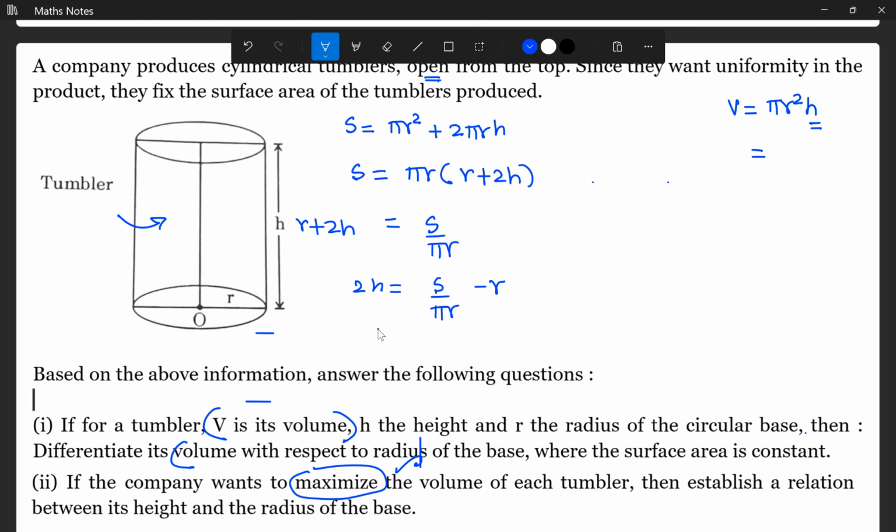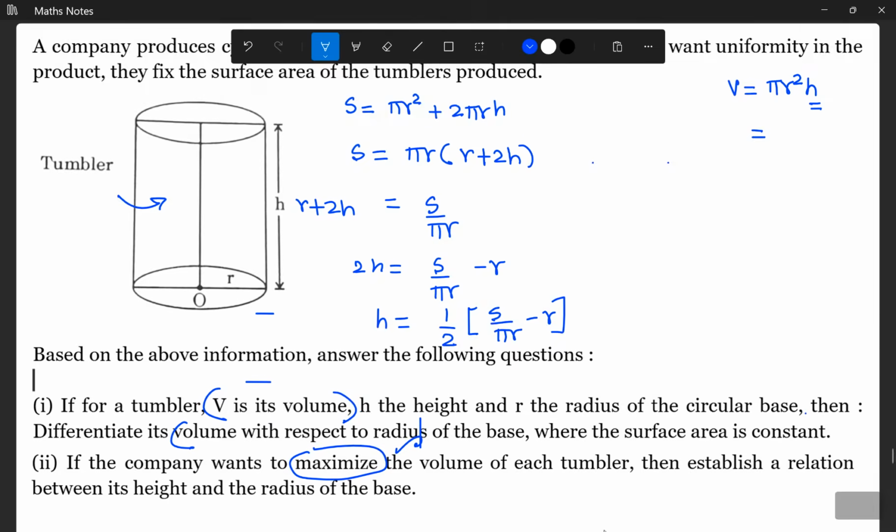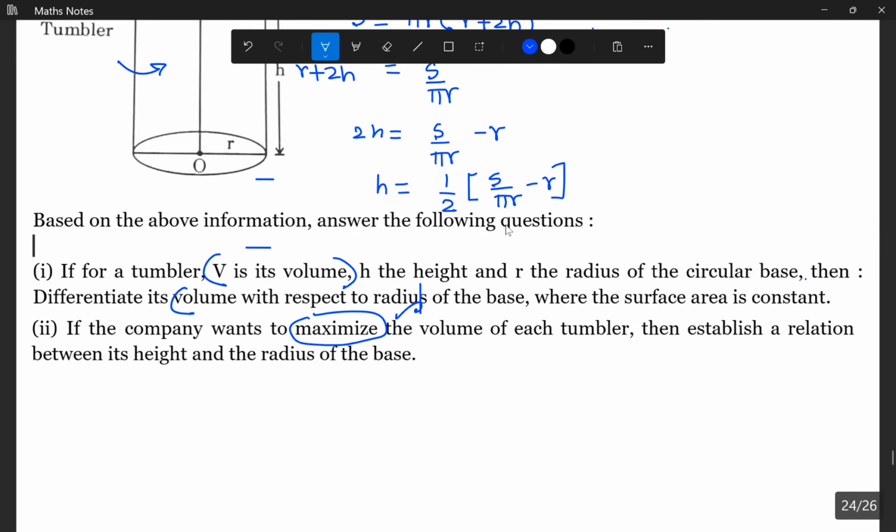Now h is equal to 1 divided by 2 times S by pi r minus r. Take a look at the first question.